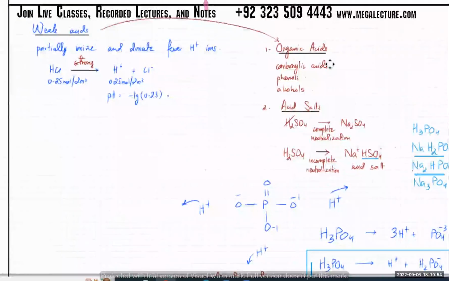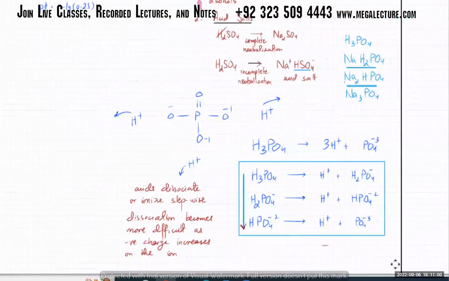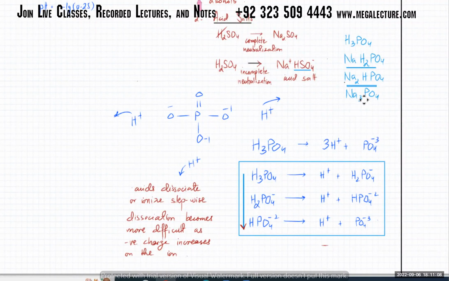They would partially ionize. Acid salts का मैंने थोड़ा सा discuss किया था कि acid salts are when an acid does not completely get neutralized. NaH2PO4 है, and there are still some H left. Na3PO4 is the complete salt.